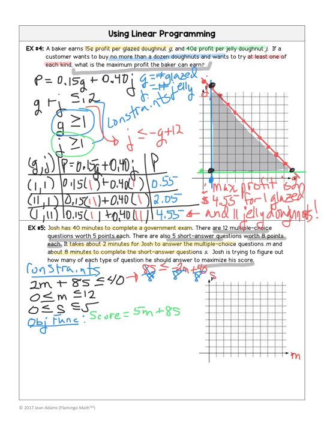Okay, so I end up with S less than or equal to negative 2 over 8 reduces to negative 1 over 4 M. 40 divided by 8 is 5. So there's 5, and I'm going to go down 1 to the right, 4. Okay, connect those.